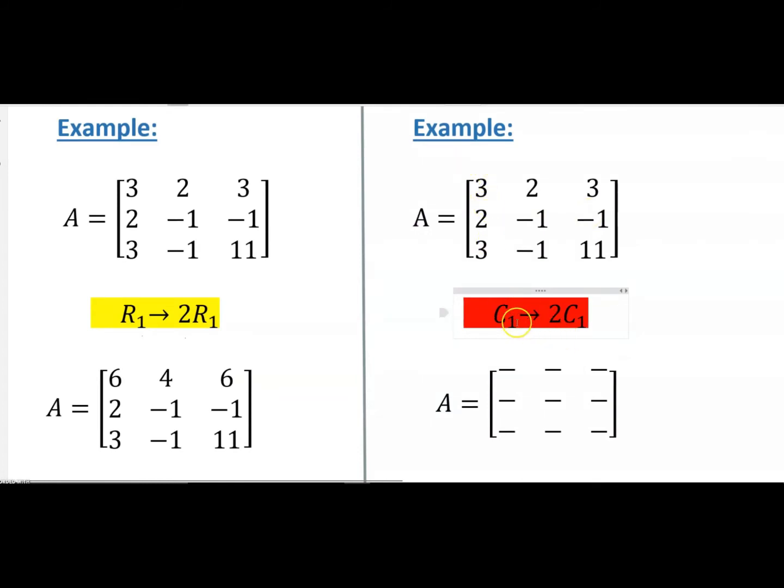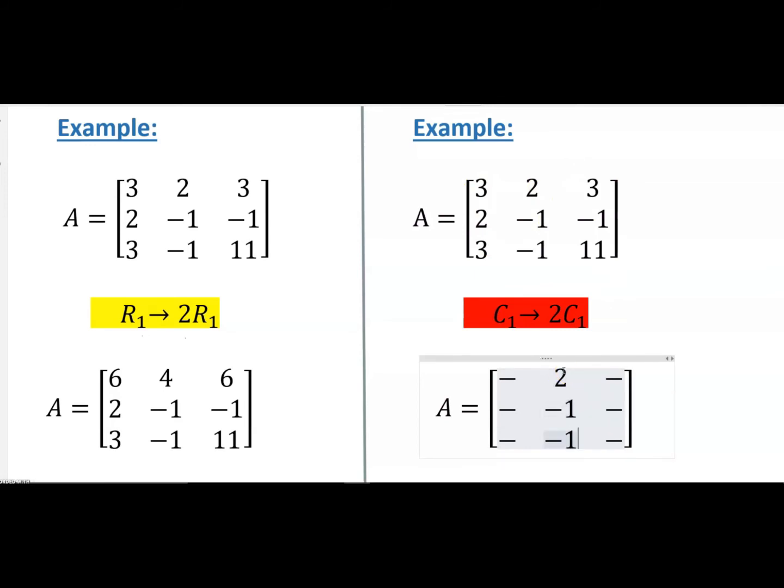The second and third columns remain as they are, that is 2, minus 1, minus 1, and the third column is 3, minus 1, 11. Now what will be the first column after multiplying every element by 2? This will be 3 into 2 is 6, next 2 into 2 is 4, and 3 into 2 is 6.